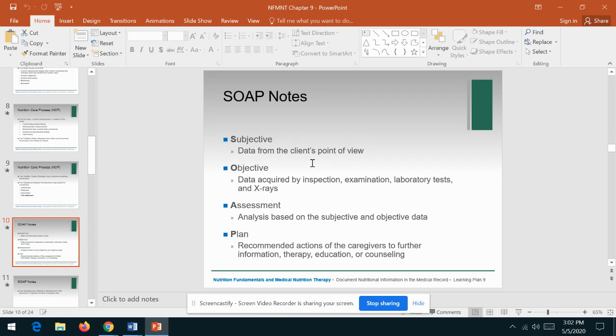Objective is any data. Assessment is how you're putting all that together, and then your plan is what you're going to do to help that person. So basically, this is just a way to help you organize your thoughts and communicate clearly when you're writing a chart note.